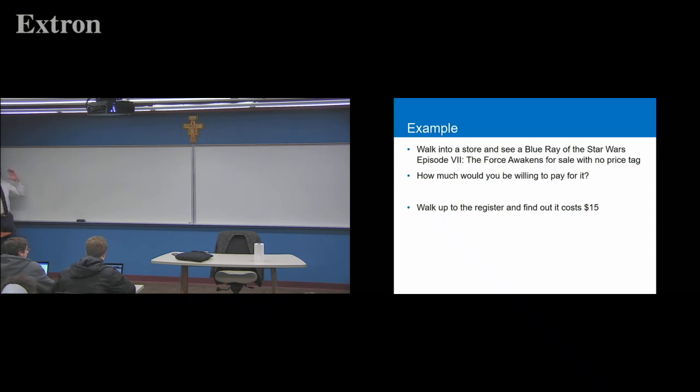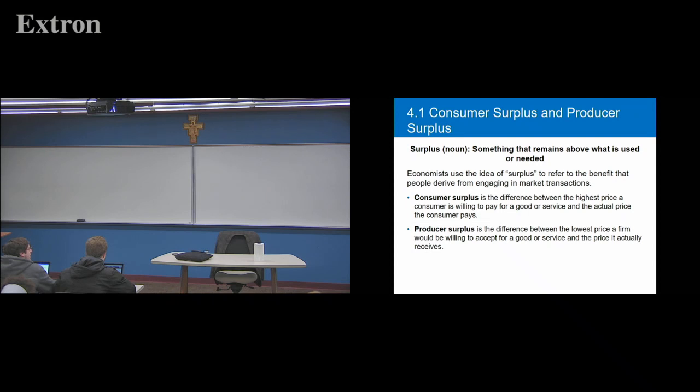Hopefully all these corny examples are helping drive home the point before we break it down, the way economists who don't do anything in the real world would do. So economists use the idea of surplus to refer to the benefit that people derive from engaging in market transactions.